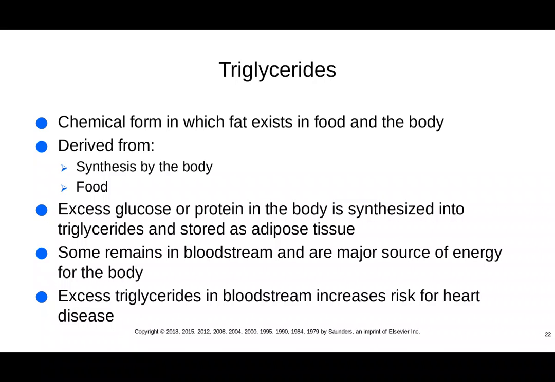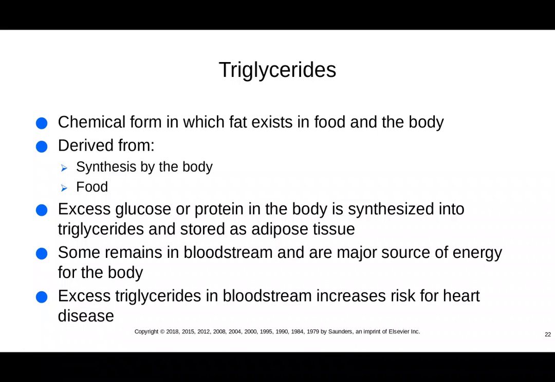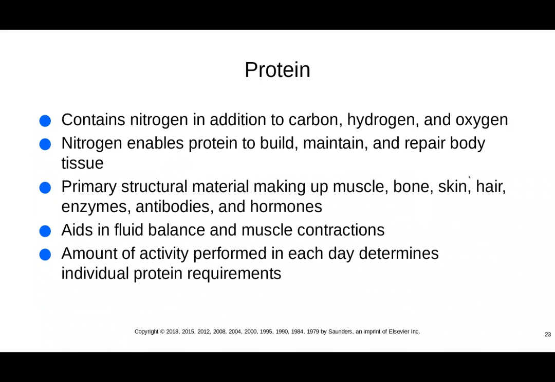Some of it remains in the bloodstream as a major source of energy for the body. But excess triglycerides in the bloodstream increase the risk for heart disease. And actually, extremely high levels of triglycerides cause pancreatitis, which is never good when the pancreas shuts down. So we want to keep an eye on our triglycerides as well.